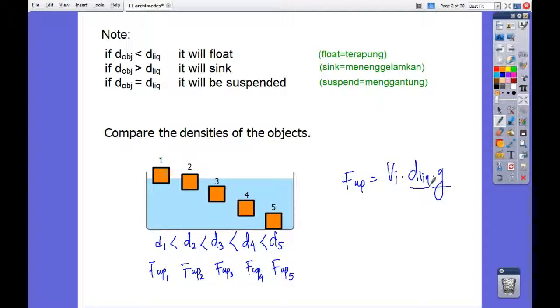So the only thing that makes each object different is actually the volume immersed. So this is object 1, the volume immersed of object 2, object 3, 4, and 5 are totally immersed. So the volume of object 1 is less than that of object 2, and 3, 4, and 5 are equal.